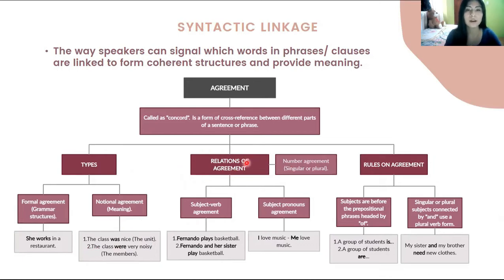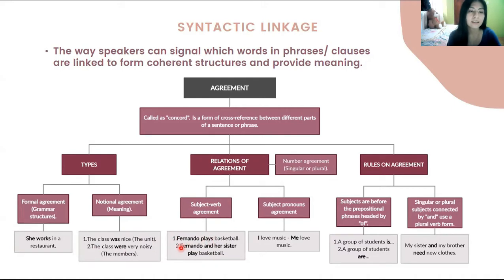Okay, now let's see the relations of agreement. This refers to the number of agreement, that is, singular or plural. The first relation that we have is subject-verb agreement. For example, we have: Fernando plays basketball, and in the second example: Fernando and her sister play basketball. As you can see, in the first example, Fernando is the subject, so it is he, and we use the third person.